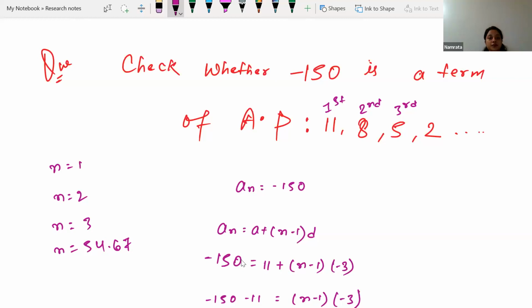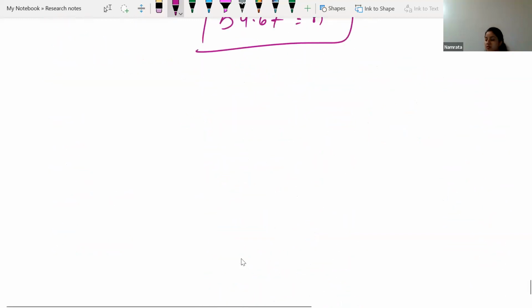Because here we are talking about whole numbers, the natural numbers, the counting numbers. And 54.67 is not a counting number. Okay, so minus 150 is not there in our AP. Is it clear to everyone? Yes, ma'am. Is there any confusion? No, ma'am.